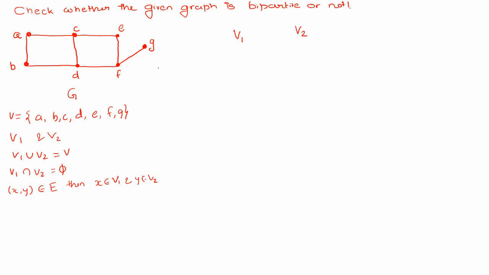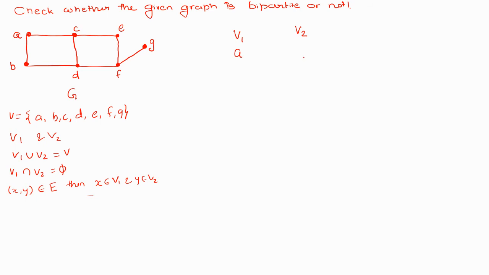We can start from any vertex. I'll be starting from vertex A. So now I'll put this A in V1. Now, there exists an edge from A to C and there exists an edge from A to B. Now, if this graph is bipartite, then by this rule, B and C cannot belong to V1.